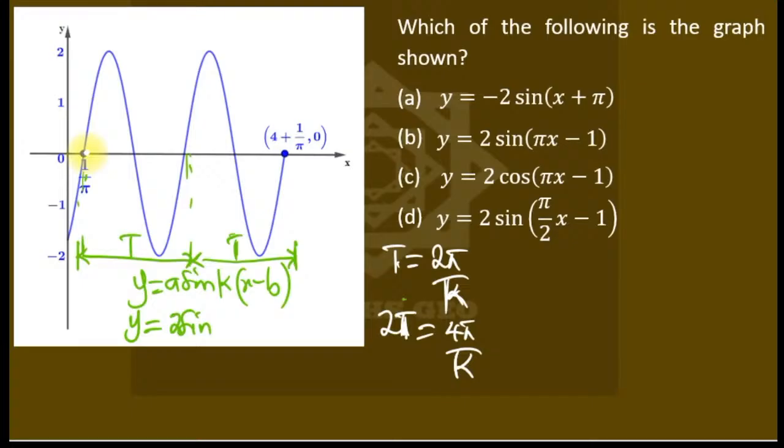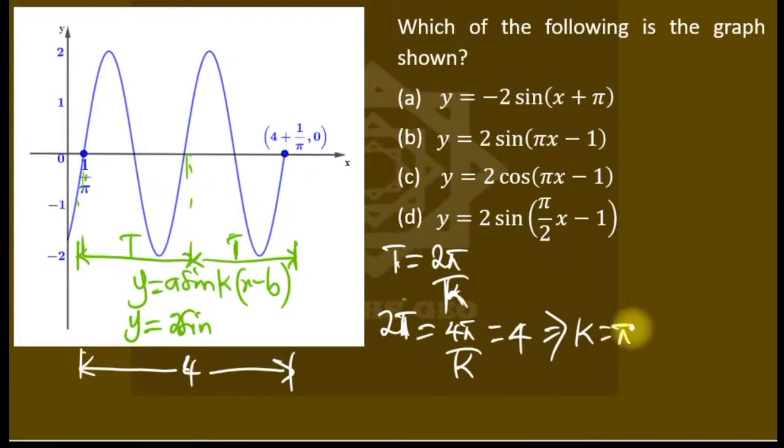Here is 1 over pi, and here is 4 plus 1 over pi. Meaning these 2 periods, from here to here, will be 4. So the gap is 4, this is equal to 4. So k is pi.